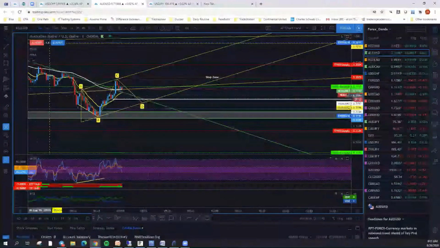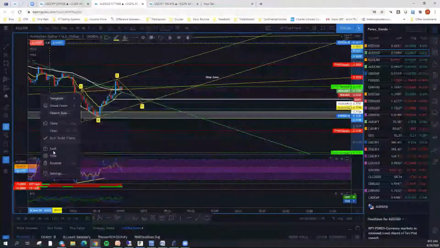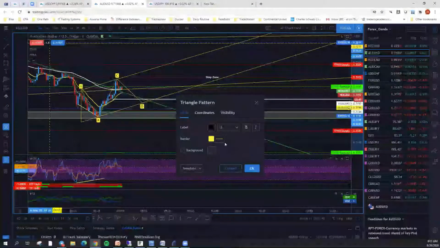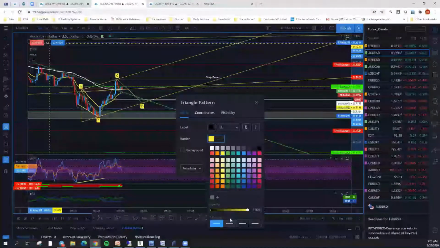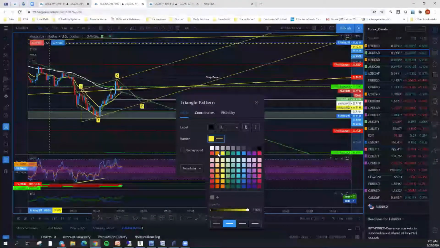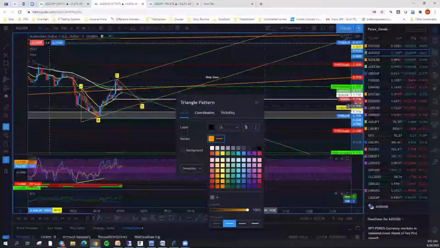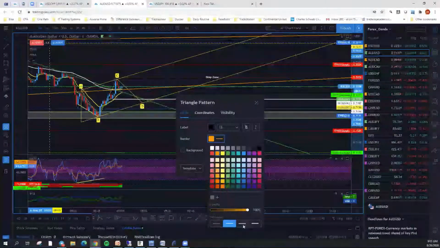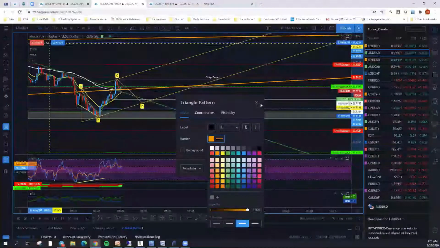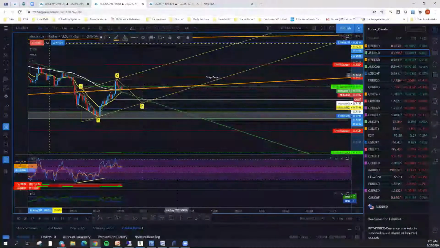I'm going to make this a different color, a little bit thicker or something so we can see the difference here. Let me make that one orange. That's the original one. We're back into it.